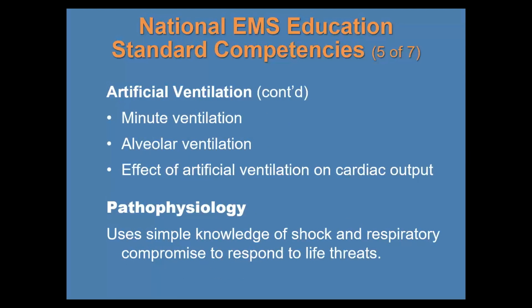So minute ventilation, alveolar ventilation. We'll talk about the effect of artificial ventilation on cardiac output, so how that helps the circulatory system to better oxygenate the body as a whole. Pathophysiology, just simple knowledge about shock and respiratory compromise to respond to life threats.